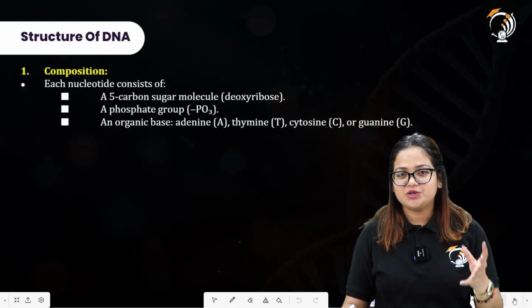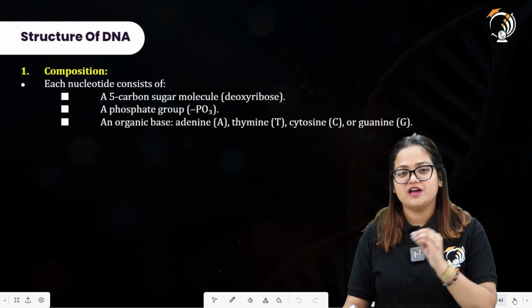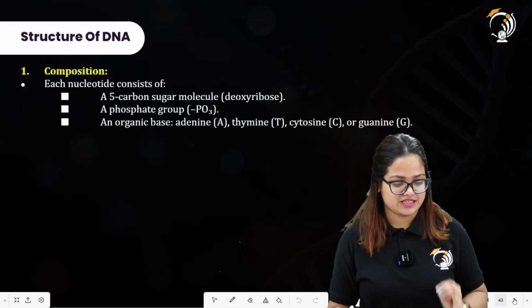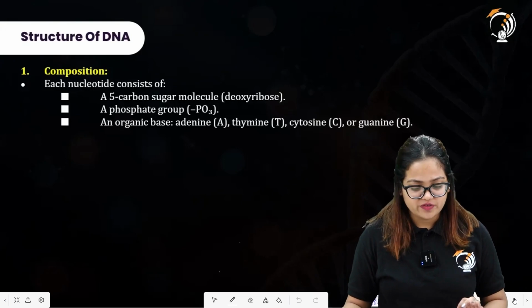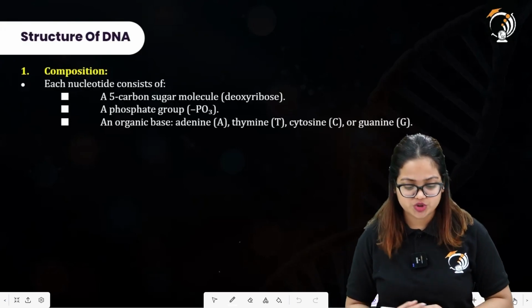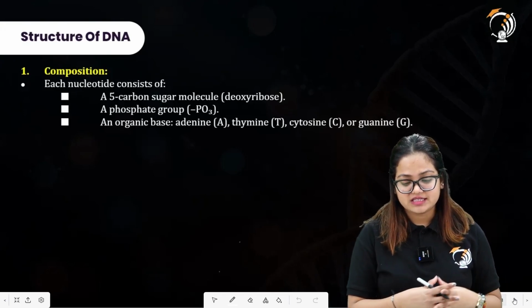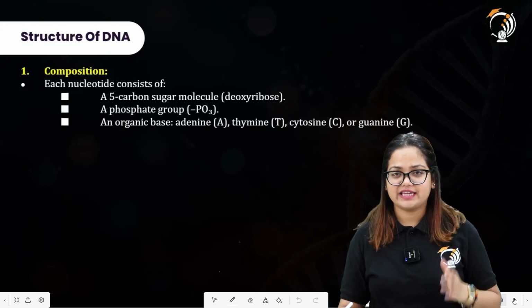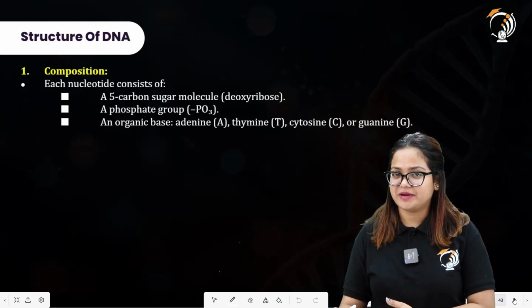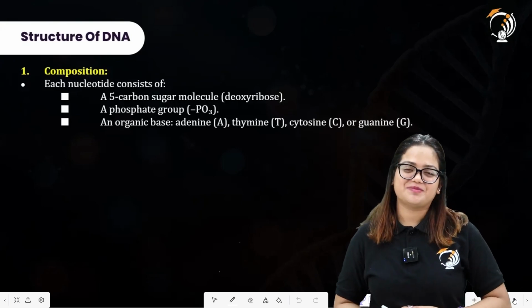So a nucleotide can only contain any one of these 4 nitrogenous bases. Each nucleotide consists of a 5 carbon sugar molecule, that is the deoxyribose sugar, a phosphate group, and an organic base: adenine, represented by A, thymine, represented by T, cytosine, represented by C, and guanine, represented by G.